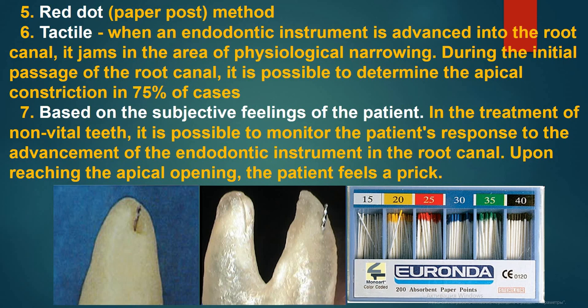During the initial passage of the root canal, it is possible to determine the apical constriction in 75% of cases. And 7. Methods based on the subjective feeling of the patient.